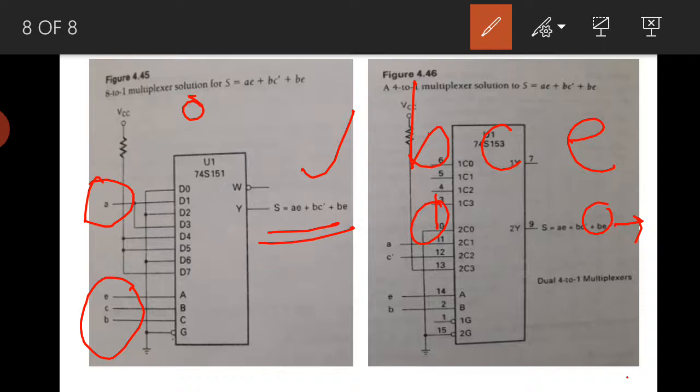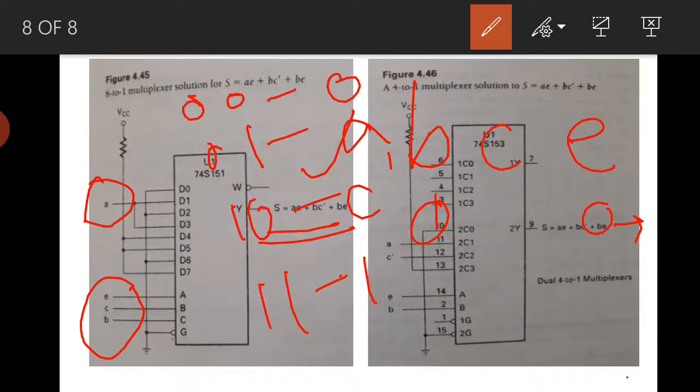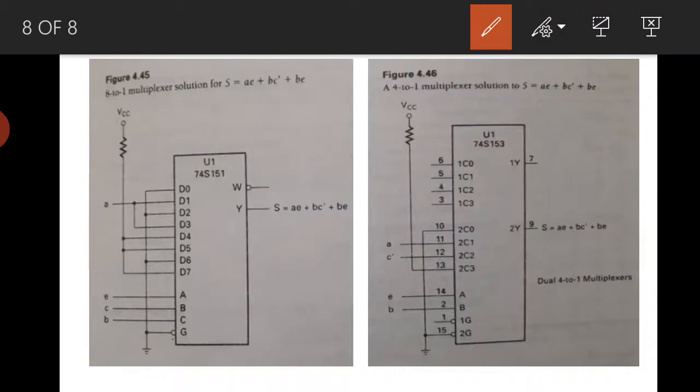As we have seen, for 0 0 it is 0, for 0 1 A, for 1 0 C bar, for 1 1 1. If we meet this by using B and E, we are realizing the Boolean function properly. Similarly, this is using 8:1, and this is again by using 4:1. By using 4:1, we can realize this one.